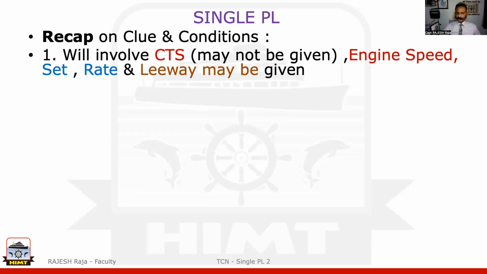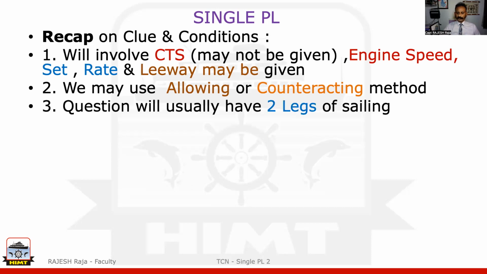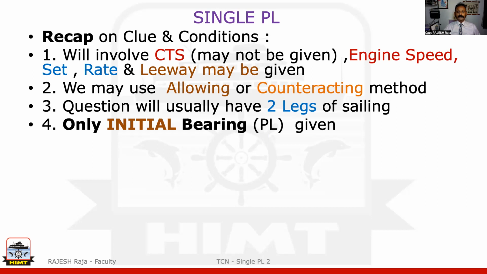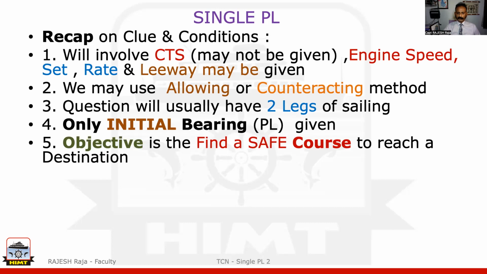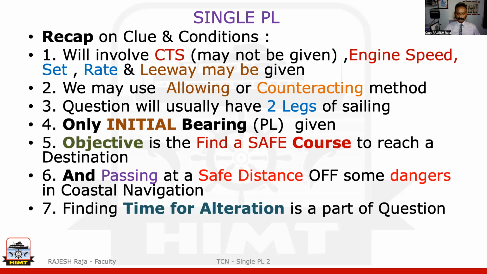I already mentioned that I can involve CTS, engine speed, set and rate, and the leeway. And if I am given enough data, I can form a triangle. So I'll be using allowing and contracting methods. The question will normally have two legs. Only the initial bearing will be given to you. That is why it was called single PL. The objective again is finding a safe course, provided that I pass at a safe distance, which is given as a clue in the question, and finding the time of alteration.